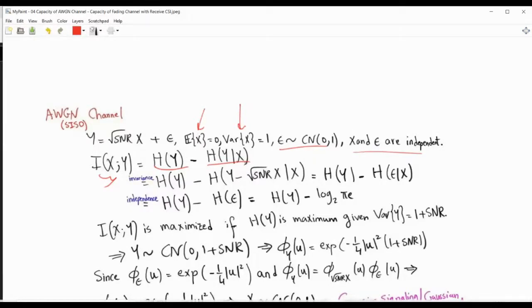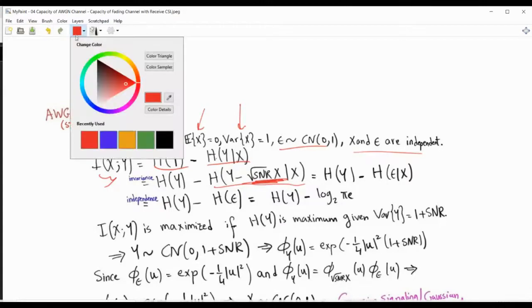Now let's start using our properties. This is the entropy of Y given X. The entropy remains exactly the same if we shift Y by a function of the random variable we are conditioning on. That's translation invariance. So h of y minus square root SNR x. You can insert this here and have an equality because this is just a function of the variable you are conditioning on.